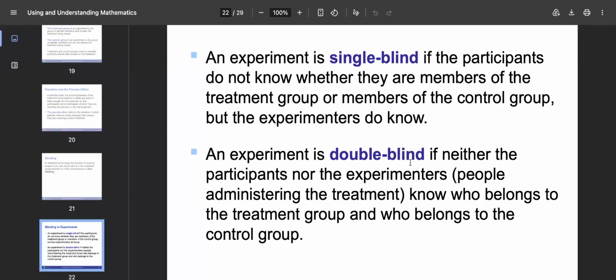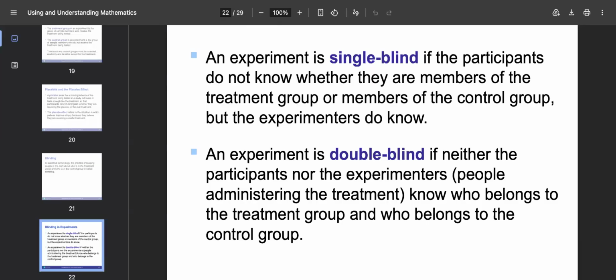Okay, a double blind experiment is when the people who are putting on the experiment and the people who are participants, neither one of them know.